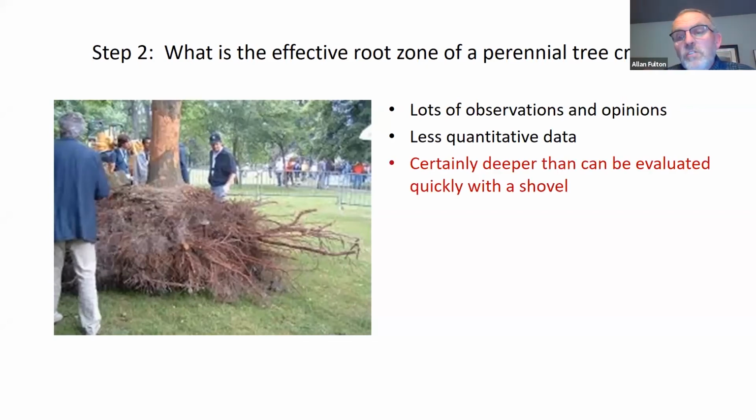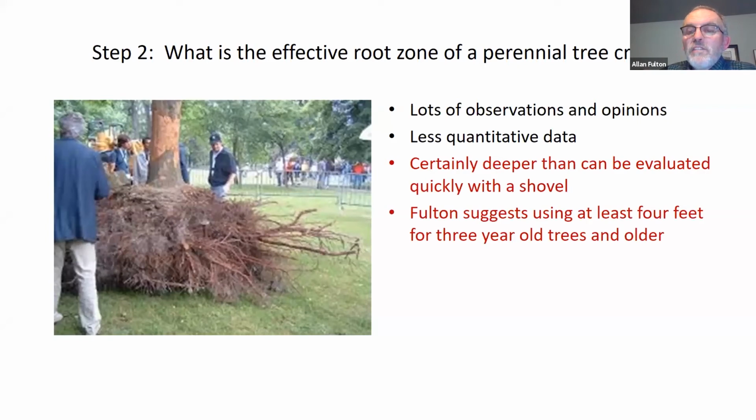I would say this, it is certainly deeper than can be evaluated by quickly digging in with a shovel and looking at the moisture that's oftentimes supporting the resident vegetation in the orchard. I suggest using at least 4 feet as an effective root zone for 3-year-old trees and older. A little bit later, I'll show you a snippet of data as to why I suggest this. The UCANR publication 8571 suggests as much as 8 feet.